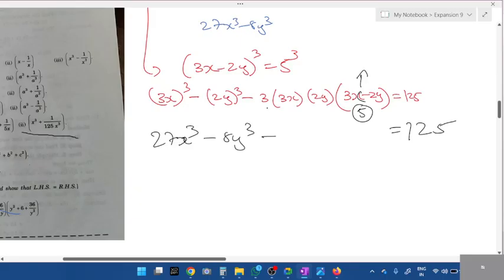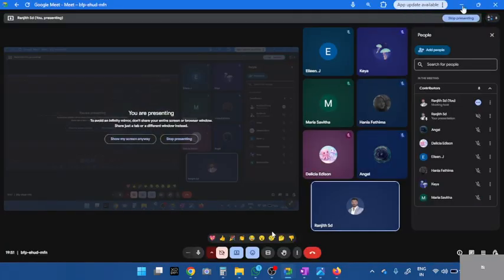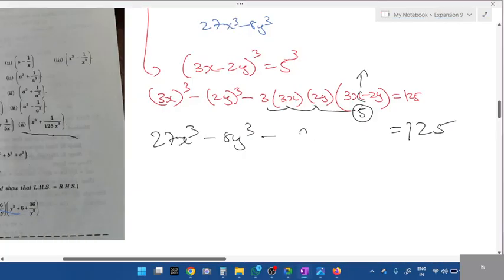What's the value, students? 3 threes are 9, 9 twos are 18. When you multiply, what did you all get? How much is 18 into 5? 90 xy, right?